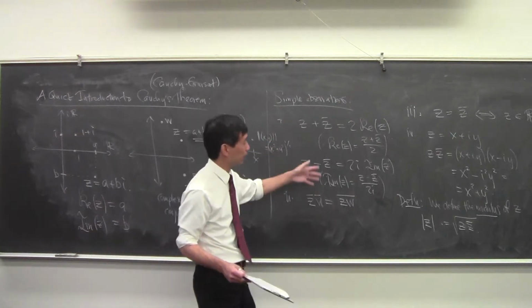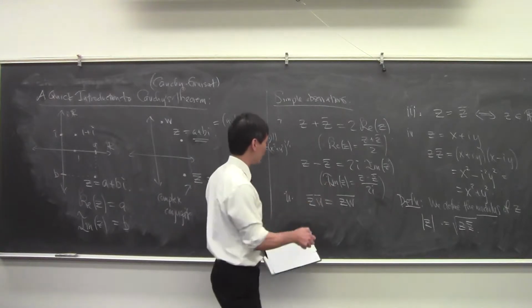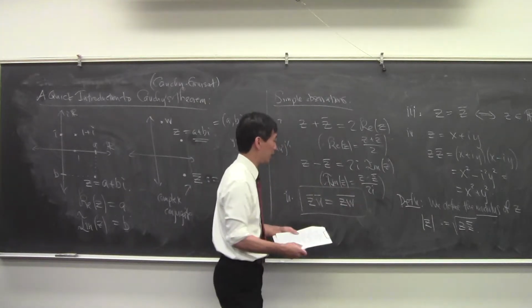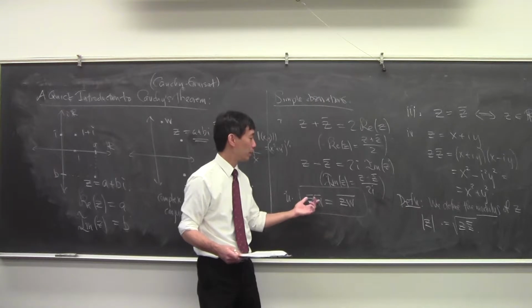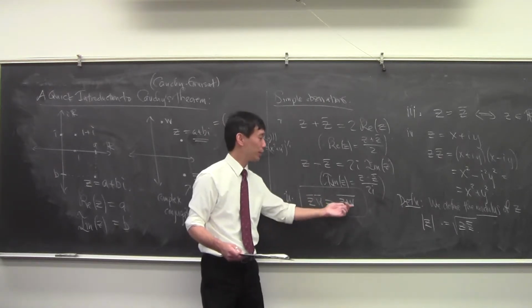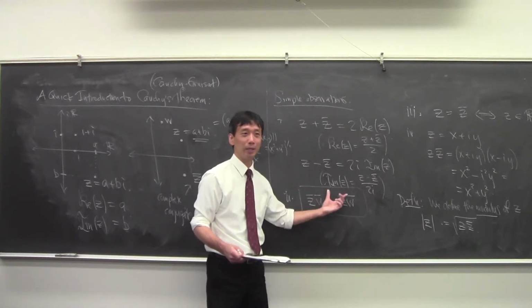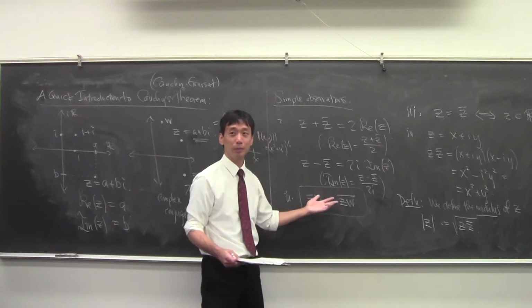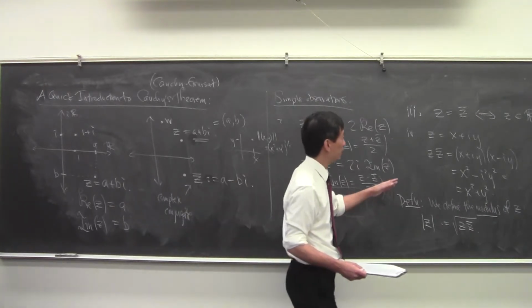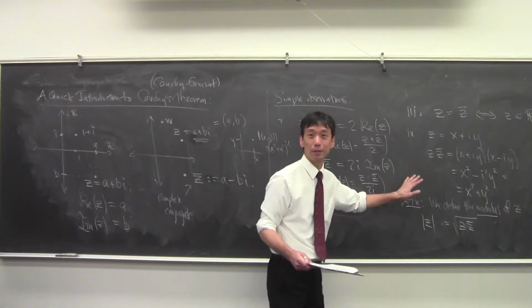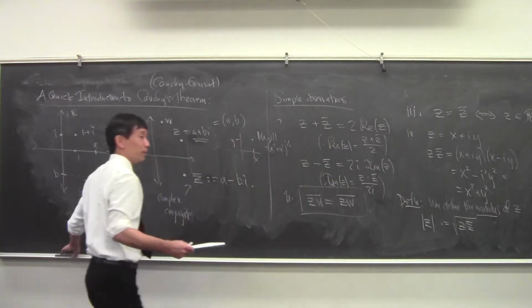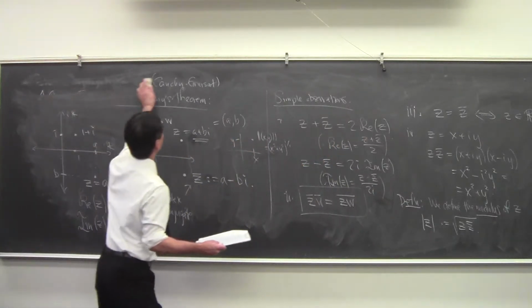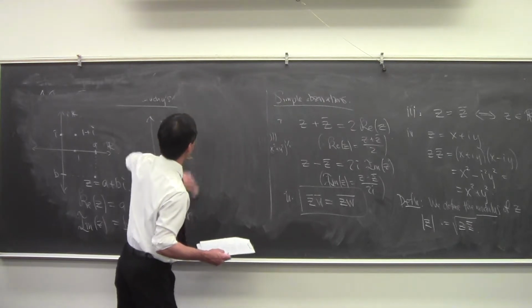There are some properties of the complex conjugate. Probably the most important of which for us is that you can conjugate and then multiply, or you can multiply and then conjugate. You can take them in different orders. And then this thing called the modulus. Okay. So that's just the basics.